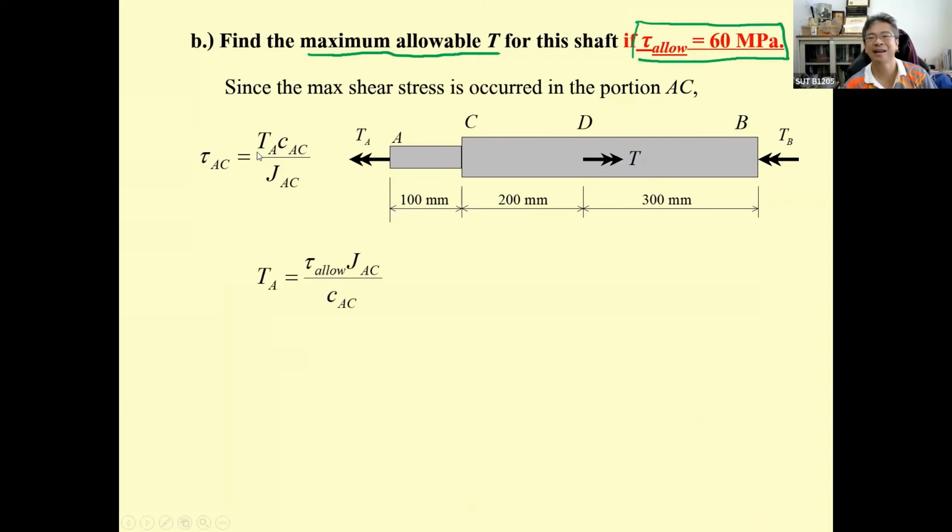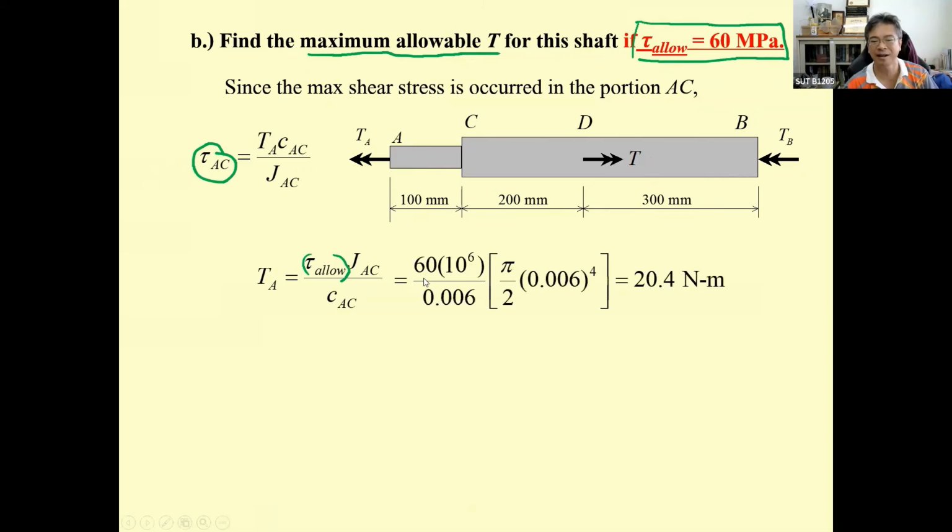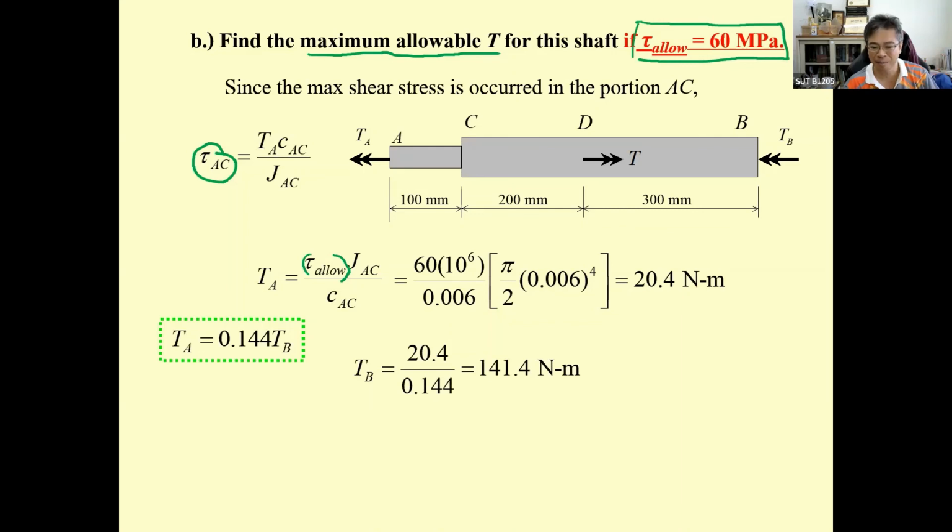And then this tau sub AC is going to be the tau allowable. We're going to determine T sub A. We rearrange our equation, just put everything together. The T sub A is 20.4 Newton meter, and we have the T sub A equal to 0.144 T sub B. So the T sub B is going to be 141.4.